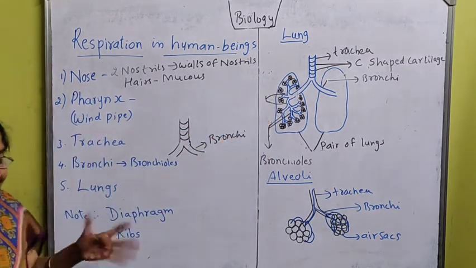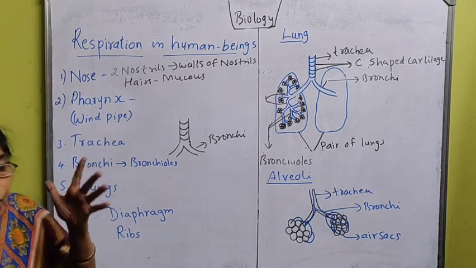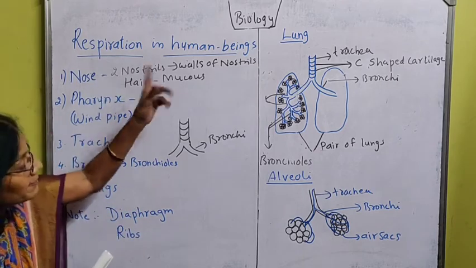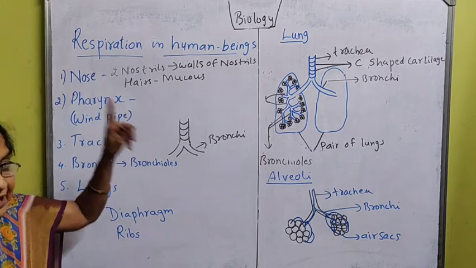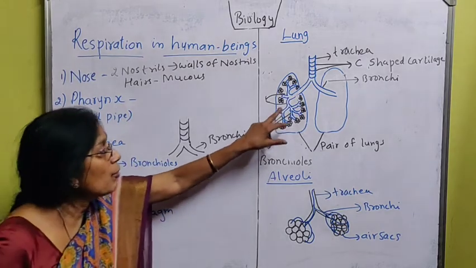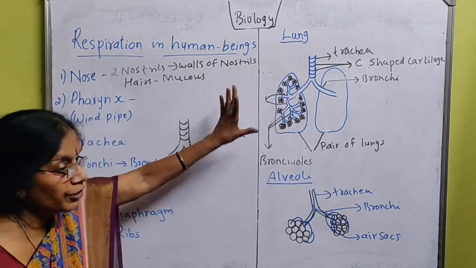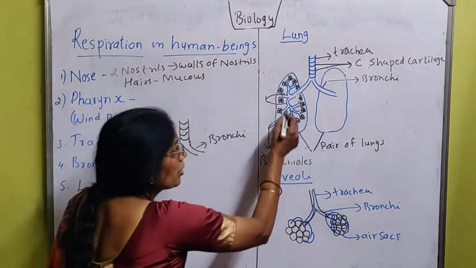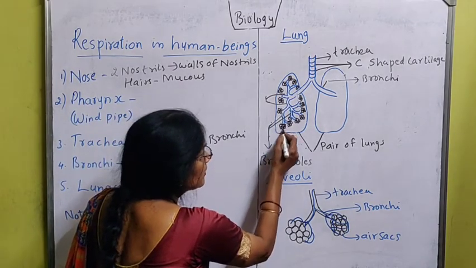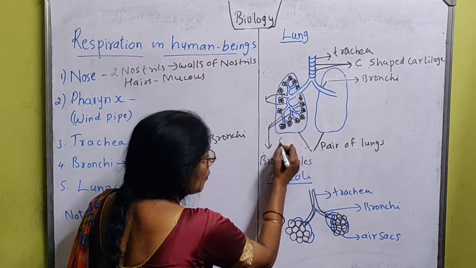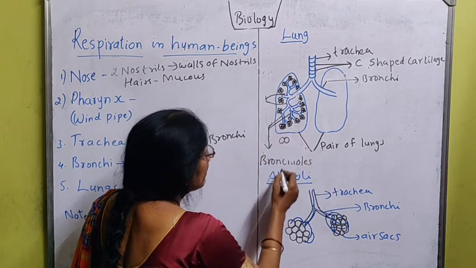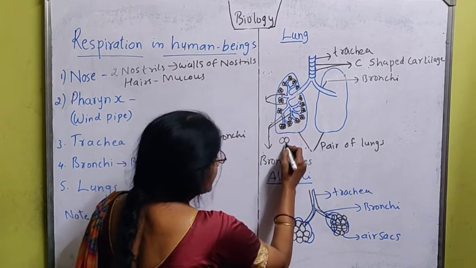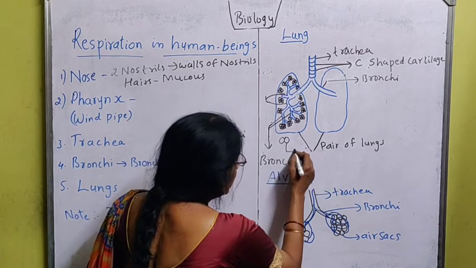What is a lung? The lung is a very important part of the respiratory system because inside the lung only bronchi and bronchioles are there. And these bronchioles end up in so many round things like this. They are called alveoli.